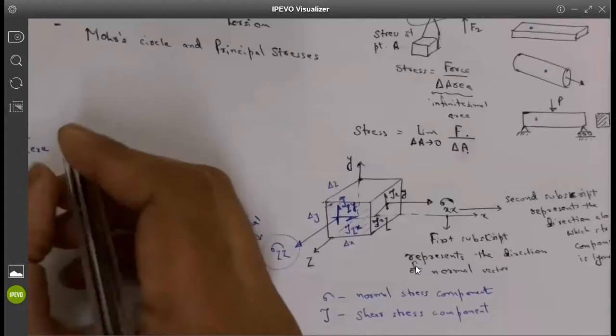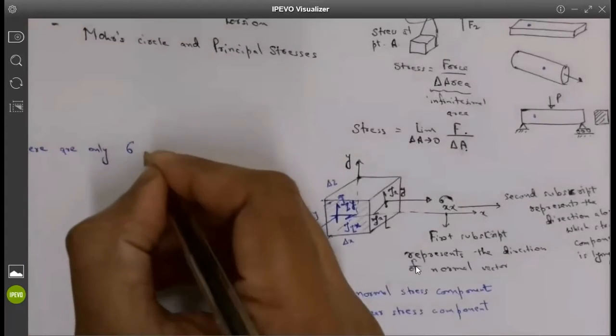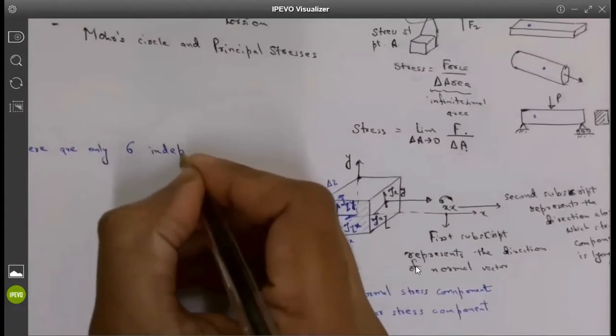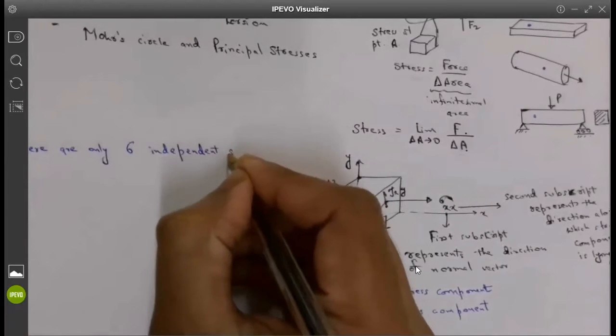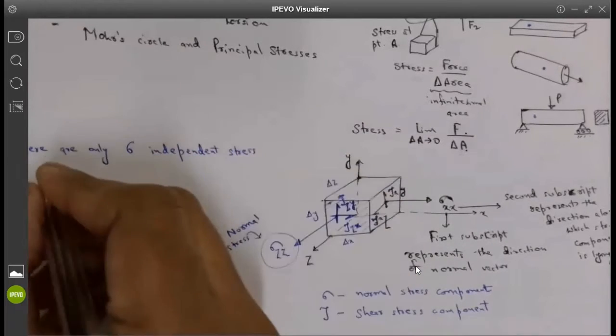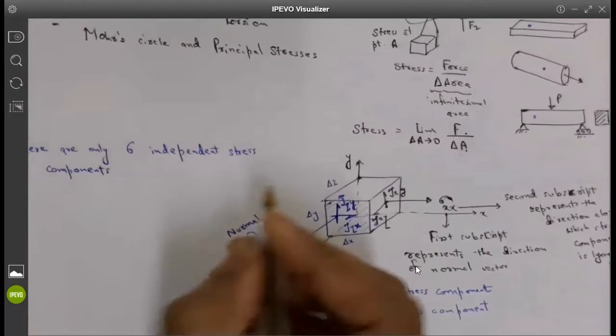But how many independent stress components exist? Let me tell you, there are only 6 independent stress components. So they are not 18, but 6.